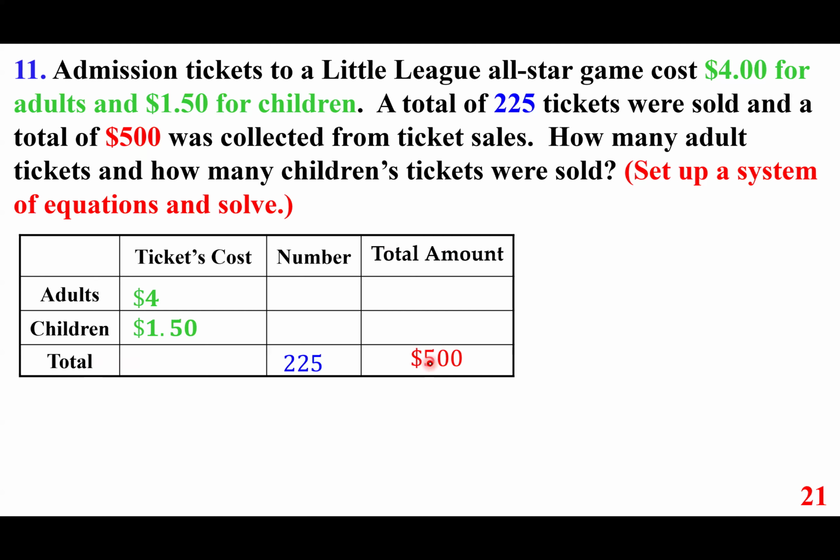And now we are going to define our variables. How many adults? You can go with X and Y, but I'm going to go with A, the initial for adults, C for children. I think the reason it makes it easier when we are done, we know A means so many adults and so on.